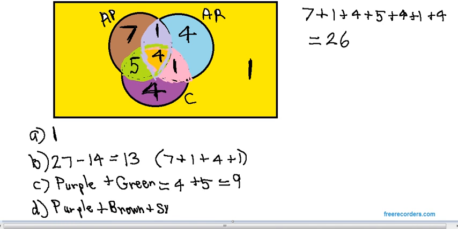And the sky blue is in exactly one of the 3 sets. They're in the arrest record, but they're not in academic probation, and they're not in cheating. So that's going to be 4 plus 7 plus 4, or a total of 15. And that completes this problem.